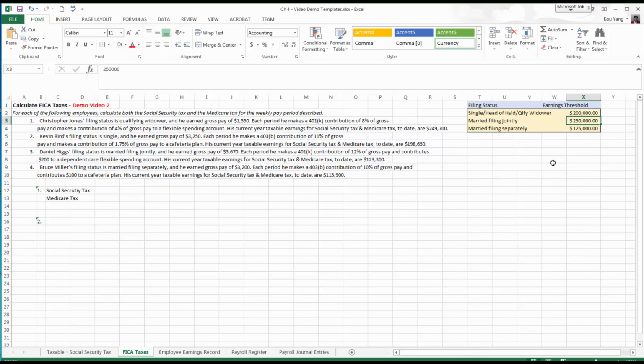With married filing jointly, if you made $250,000 or more, you were obligated to pay that 0.9%. And if you were married filing separately and you made $125,000, you were imposed that 0.9% on top of that 1.45%.